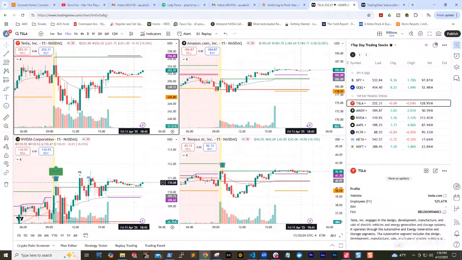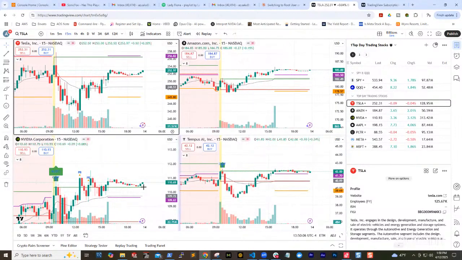So this is not a good way to trade. That's why I said I want to wait until all this stuff is gone. On a normal day, the chart between Tesla, Amazon, NVIDIA, and Tempest AI has to be different for all four of them. It can be similar.